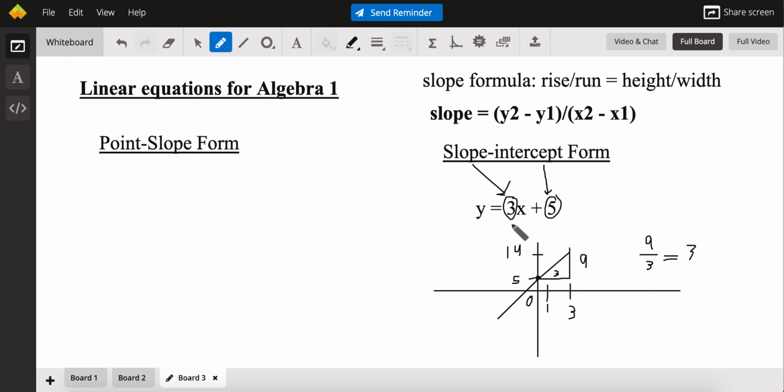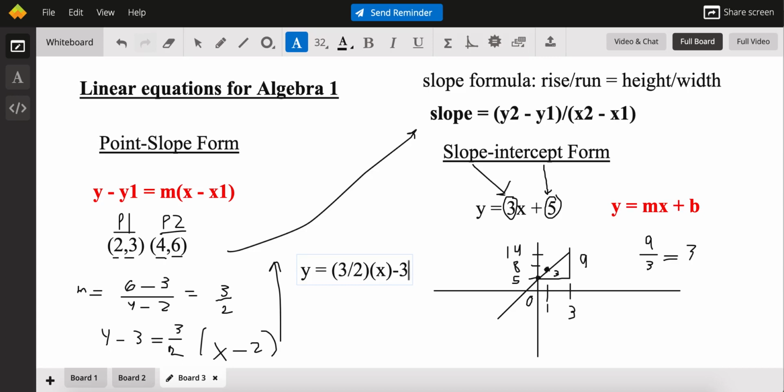Now you want to rearrange this until it looks like slope-intercept form, meaning you're going to move this 3 over. So when you rearrange it, you're going to get y equals, actually let me type it in, this is easier. Let's take this 3 halves times negative 2, which is minus 3, plus 3, because you're moving that 3 on the left side to the right side, so you have to add 3 to both sides.